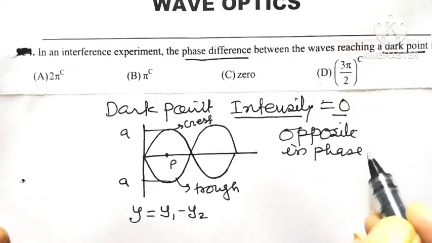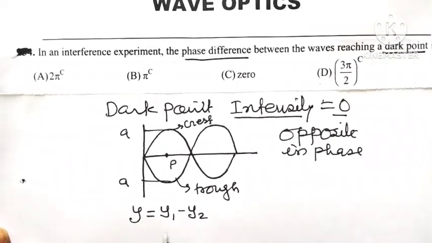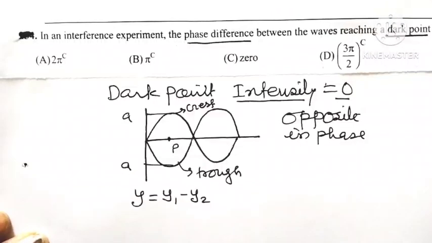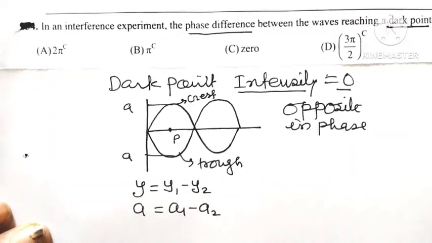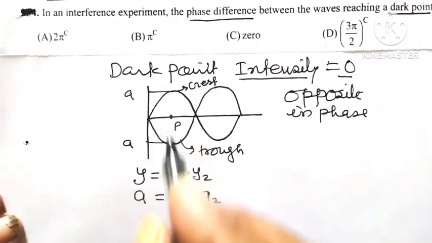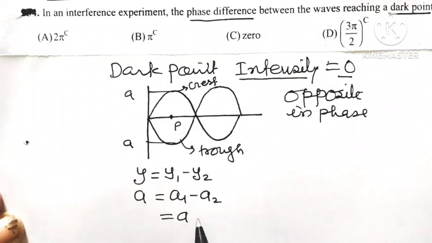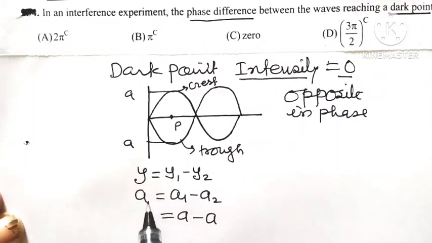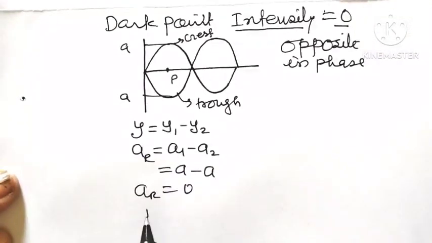Hence the resultant amplitude at the point of superposition is the difference of the amplitudes of the two waves, and when they are of the same amplitude, a minus a is 0. Resultant amplitude 0 means the intensity of light at that point is 0, or that point is a dark point.